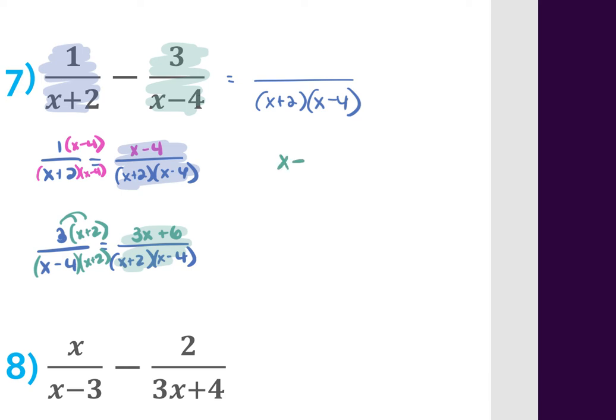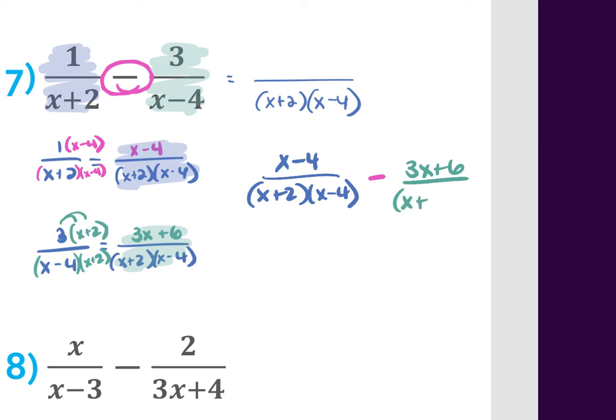So x minus 4 over x plus 2 times x minus 4, minus, because that's the sign from here, and obviously that's important because it's going to change the signs after it, 3x plus 6 over x plus 2 x minus 4.